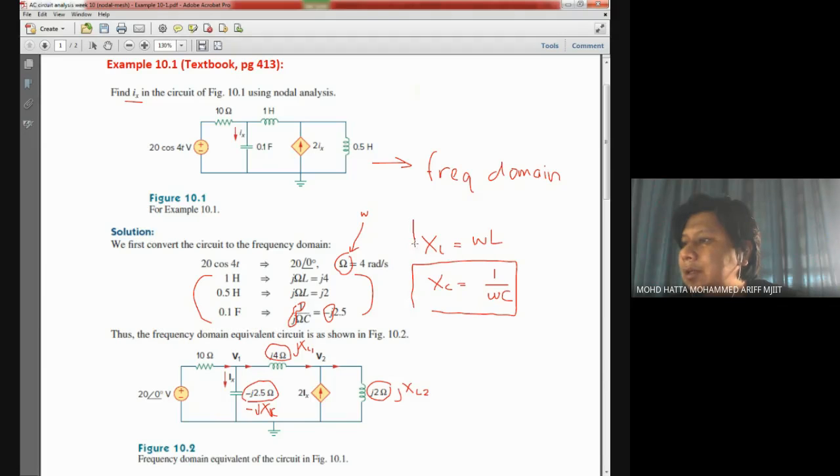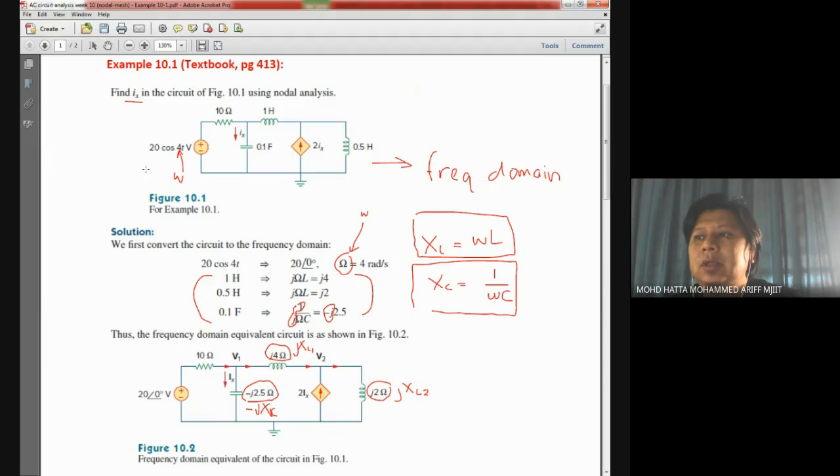And for XL, as I mentioned earlier, it is given by omega L. The value of L and the value of C are quite straightforward from the circuit. However, for omega, you need to identify that this value, 4 over here, is basically telling us the value of our omega.